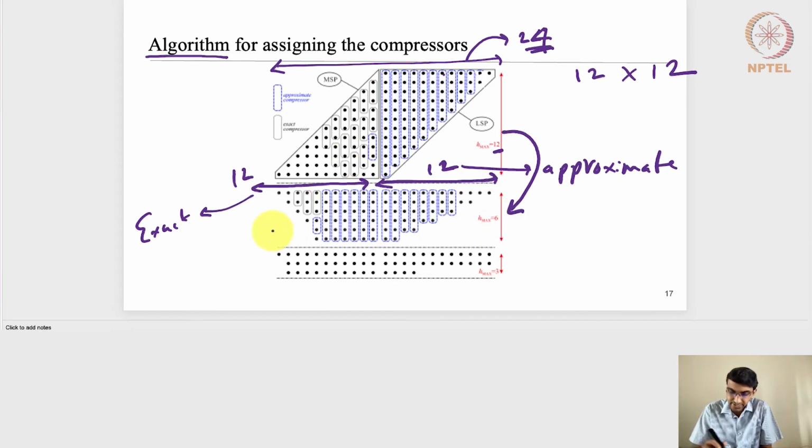Here also, once we get into the second partial product reduction stage, we'll identify the maximum height, and up till that particular maximum height we're going to apply the approximate compressors, and lower than that we're going to apply the accurate compressors, and finally we'll keep on reducing the number of stages, right?